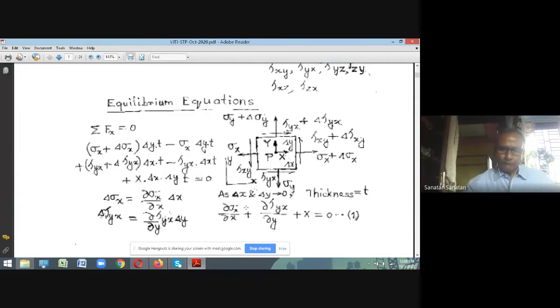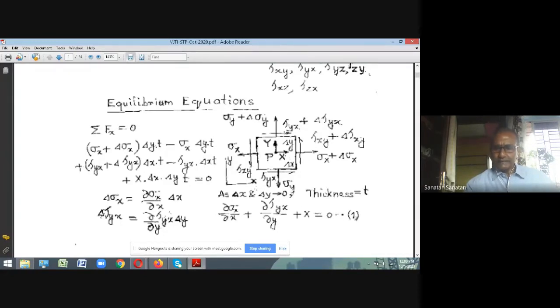Now if I move from the left face to the right vertical face, I am moving by delta x, and therefore we cannot expect that the stress intensity on this face will remain the same till the other end, at a distance of delta x. It cannot be. So there will be some changes in the values of sigma x and tau xy.